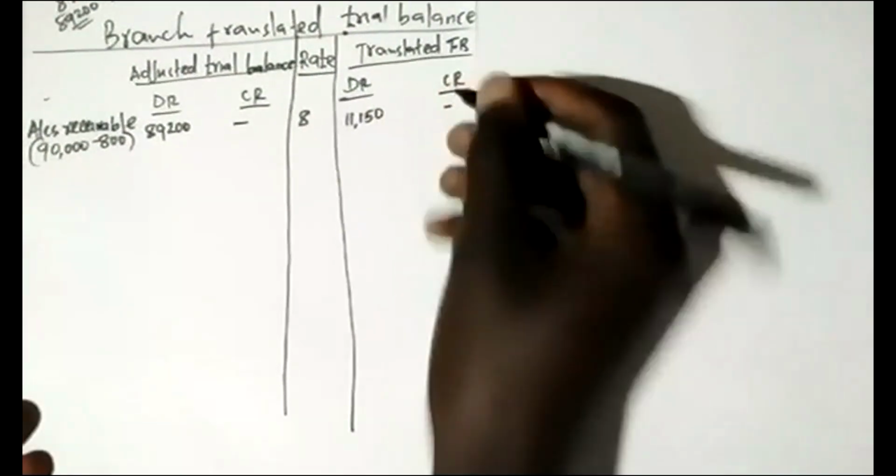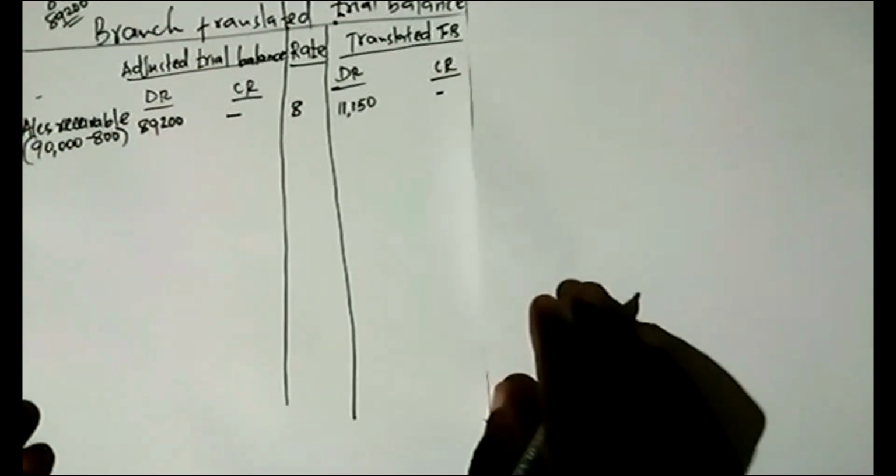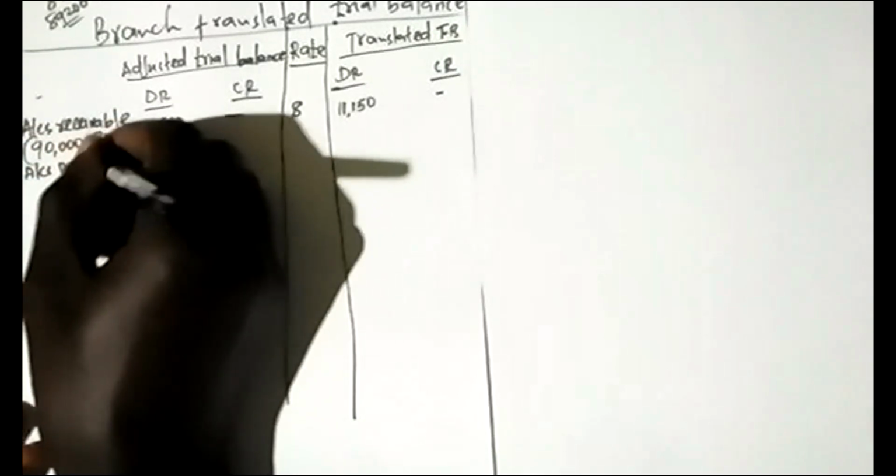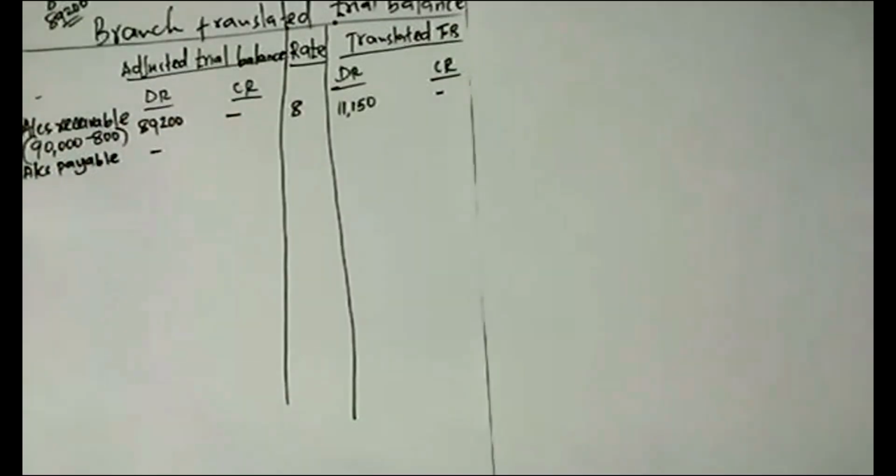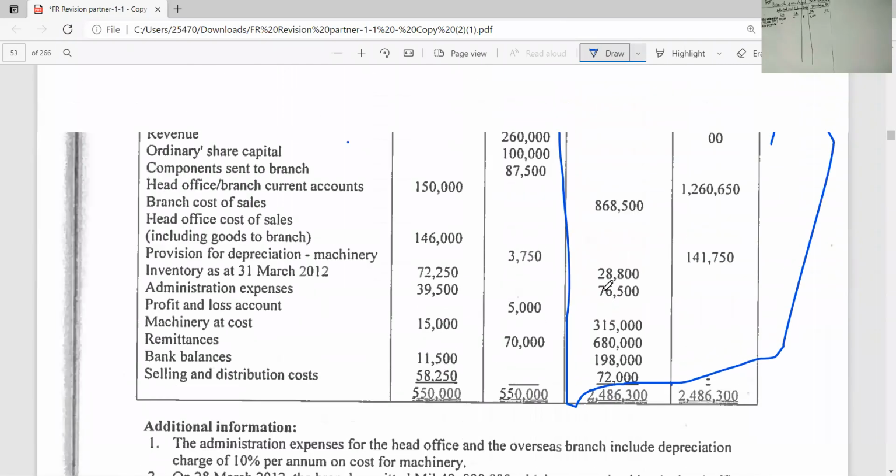11,150. Then the second thing I have to translate is the accounts payable. On this question, it's all about a given. So you go to the trial balance.